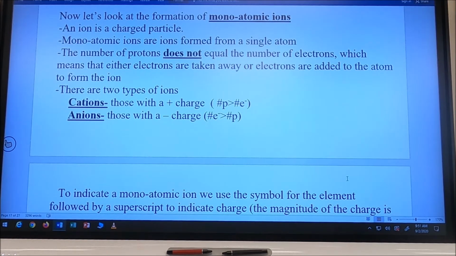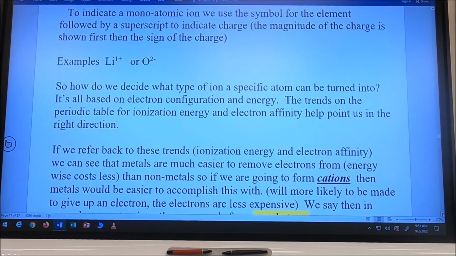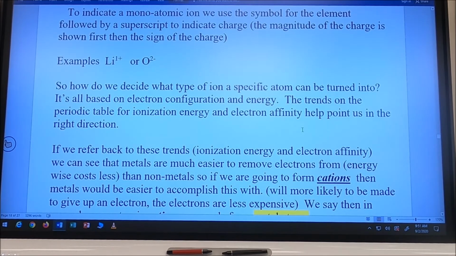To indicate ions, we're going to use superscripts behind the symbol of the element. So if I had Li with a 1 plus behind it, that means I have a lithium atom that has given up one electron and it's become positively charged.